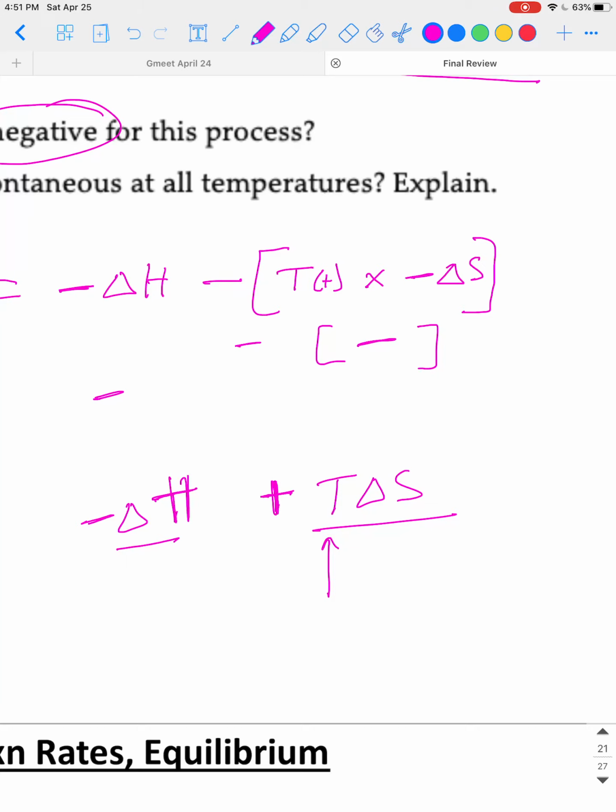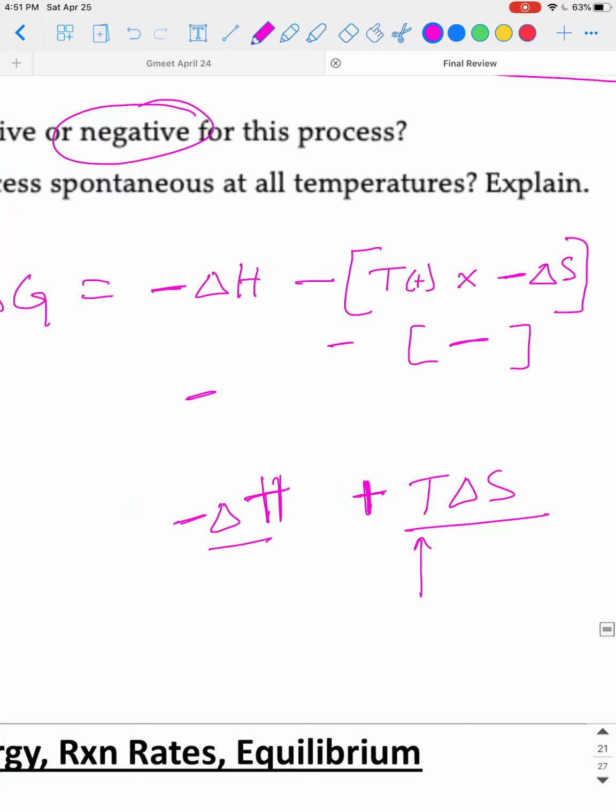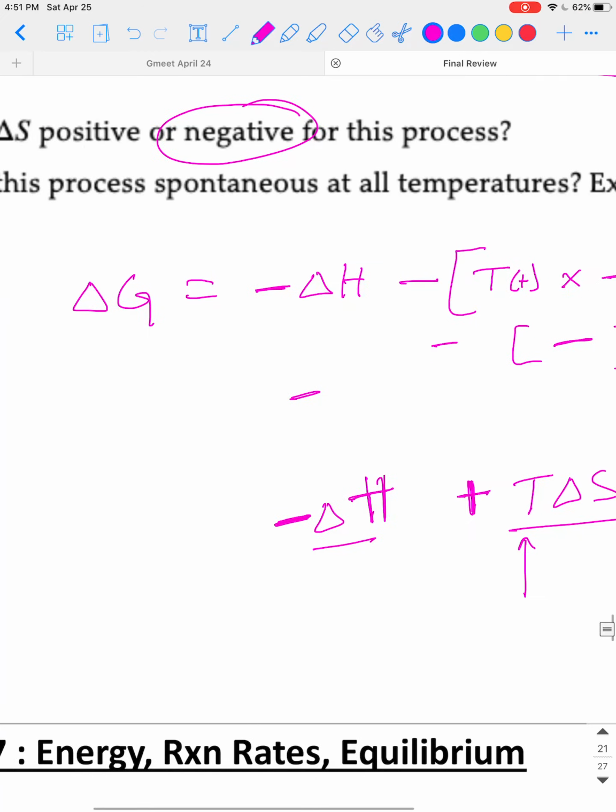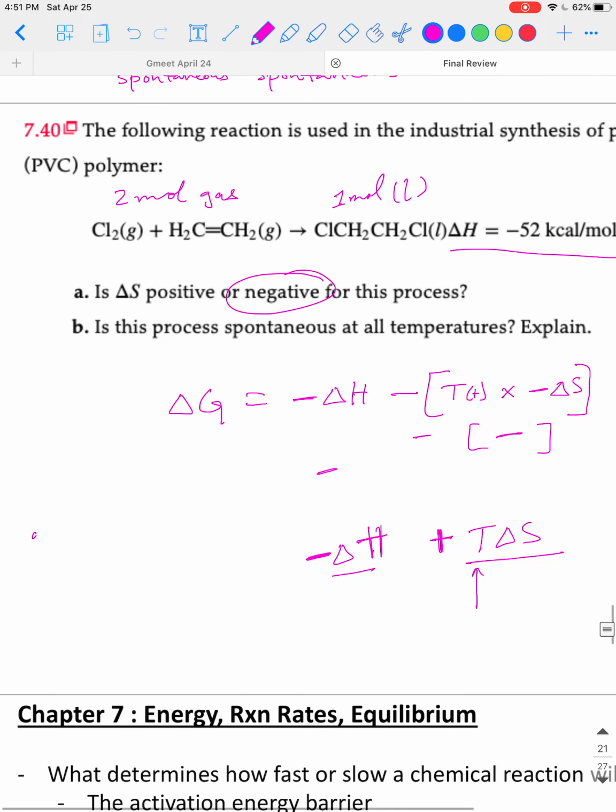So if temperature is really small, then that might mean that the T delta S term is smaller than the delta H. Okay, so at low temperatures, delta G may be negative.